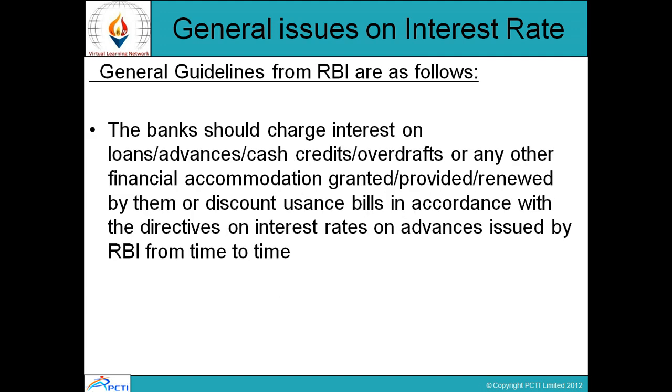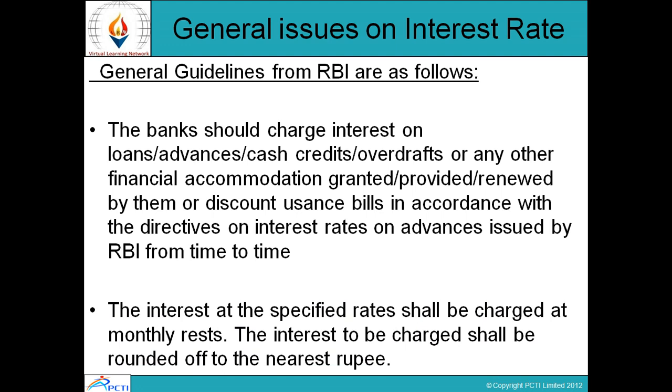The banks should charge interest on loans, advances or cash credits or overdrafts or any other financial accommodation granted or provided or renewed by them, or discount bills, in accordance with the directives on interest rates on advances issued by RBI from time to time. The interest at the specified rates shall be charged at monthly rests. The interest to be charged shall be rounded off to the nearest rupee.